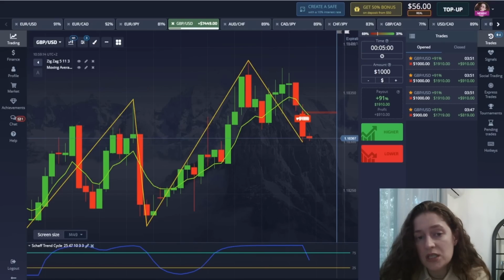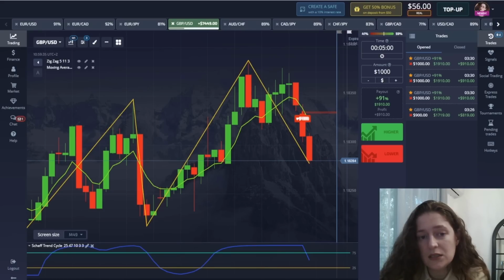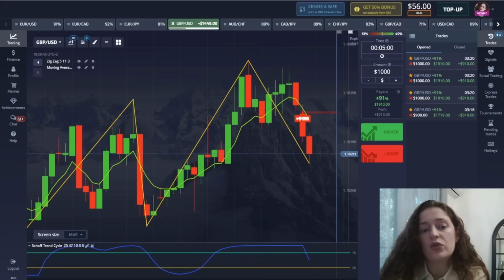Also, moving average is a similar indicator which gives us a signal, but if only it gave an accurate signal, then I would not use other indicators with it. That's why I use other indicators, not to depend only on moving average signals. Together with it, the other two indicators should give a signal, and if the green line of the moving average crosses the red candle, the Schaff trend cycle should also be in a buy position, and the zigzag indicator should also be pointing upwards.